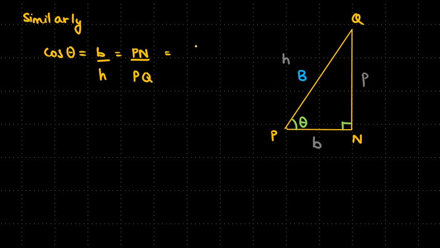So we know the value of PQ is B, so it will be PN by B. Okay, and this means PN is definitely equal to B cos theta. And this is our equation number 2. So I think this is pretty clear for right now.